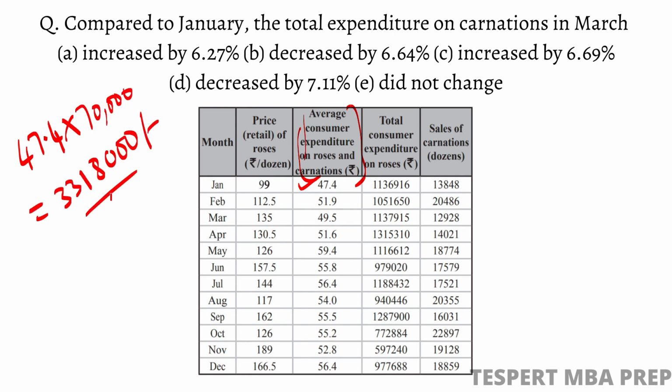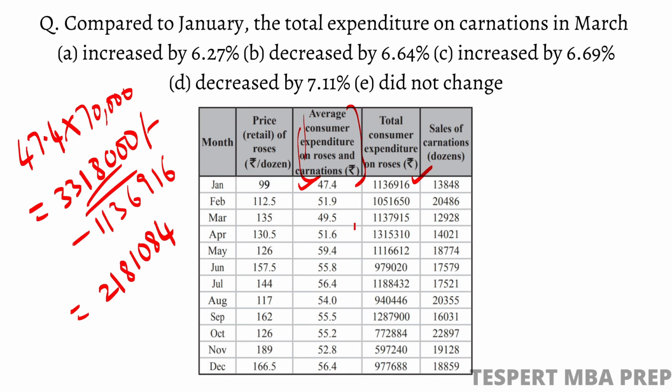So this is the total expenditure on both roses and carnations. And we know the total consumer expenditure on roses in January is this much. So just subtract these two to get the total expenditure on only carnations. If we subtract, this will be equal to the total expenditure on carnations, which is 2181084. Let's move on to March.